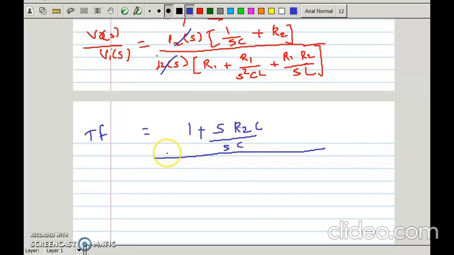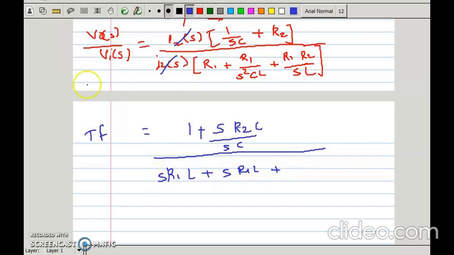Let's multiply with the SL. So it becomes R1 L plus S R1 L plus SL. Now we are multiplying with the SL, right?